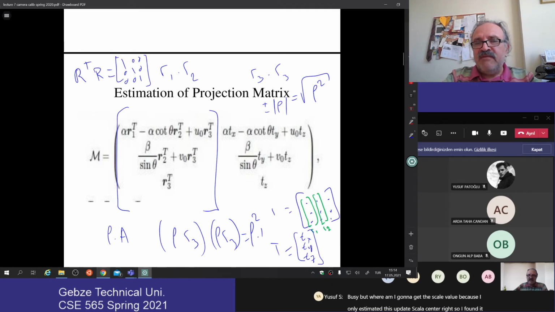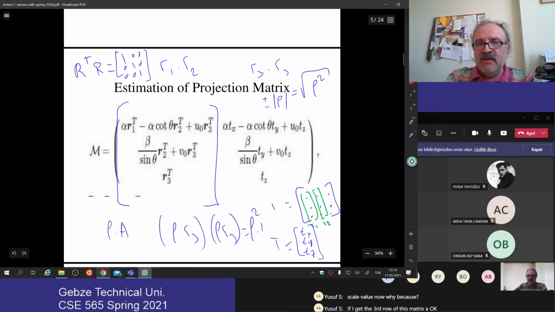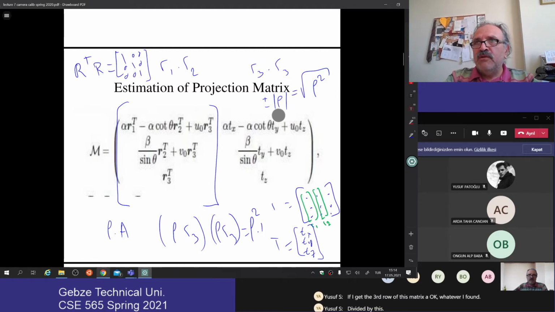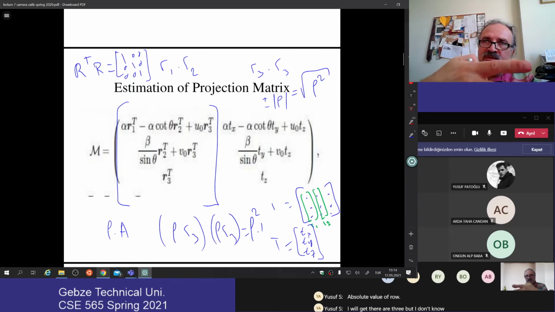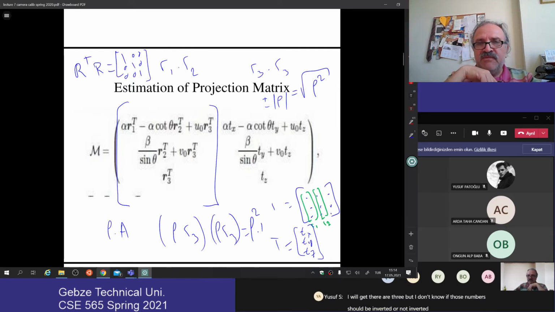I don't know exactly what R3 is, but I know R3 up to a scale value now. Why? Because if I get the third row of this matrix A, whatever I found, divided by this absolute value of rho, I will get the R3. But I don't know if those numbers should be inverted or not. Should I take the positive or negative?